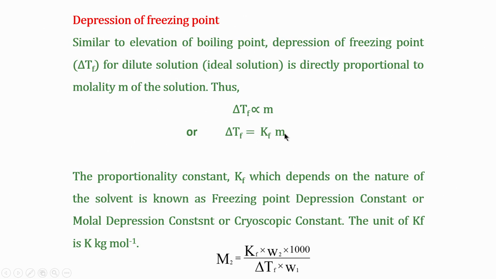Then we have delta Tf is equal to Kf into m, where Kf is a constant, and I can write M2 is equal to Kf into W2 into 1000 divided by delta Tf into W1. This is essentially a similar equation to what we have seen for elevation of boiling point. It is also known as depression constant or molal depression constant or cryoscopic constant. Several names are available, and the unit of Kf should be kilogram degrees Kelvin per mole.